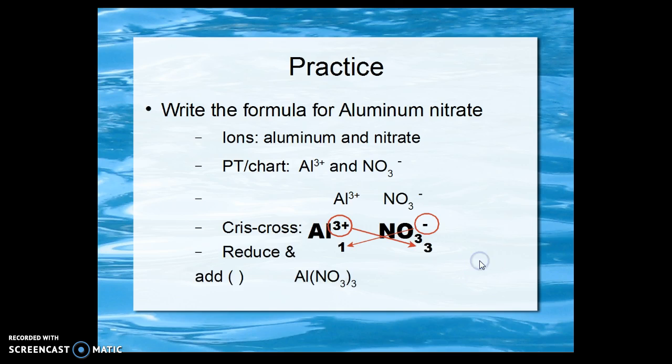Well, we're going to reduce it and add parentheses to tell us that all the nitrate is tripled. We have 3 nitrates, not 9 oxygens and 1 nitrogen. So Al(NO3) taken 3 times, that's the way we say it: Al(NO3)3.